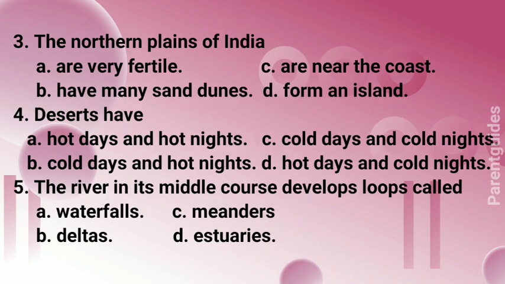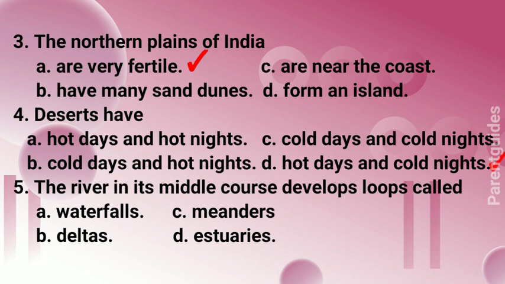3. The northern plains of India A. Are very fertile, B. Have many sand dunes, C. Are near the coast, D. Form an island. Answer is A. Are very fertile. 4. Deserts have A. Hot days and hot nights, B. Cold days and hot nights, C. Cold days and cold nights, D. Hot days and cold nights.